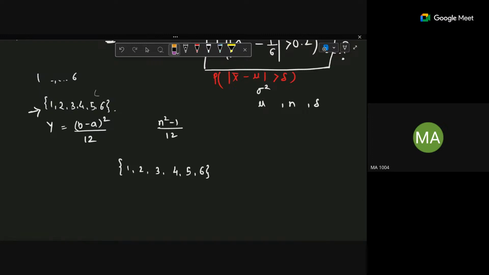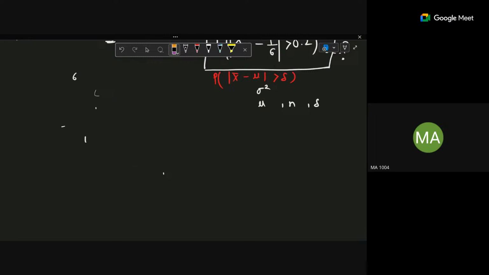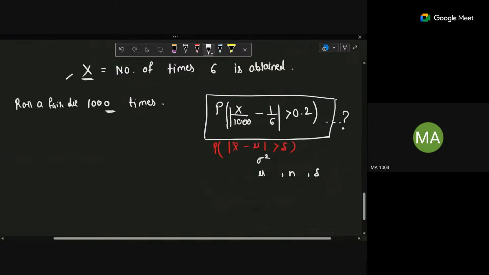So we see in the question, we are interested in 6 only, right? We know that it's a fair die, so that will help us somewhere. We have rolled a die 1000 times.